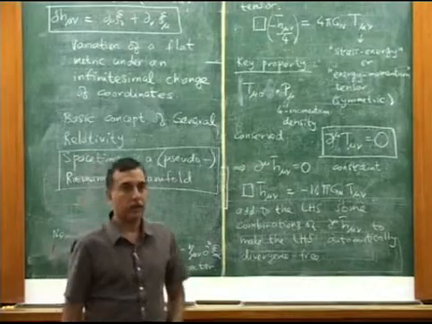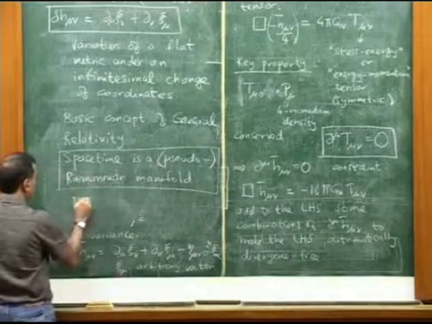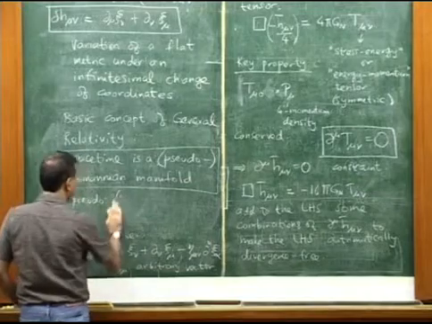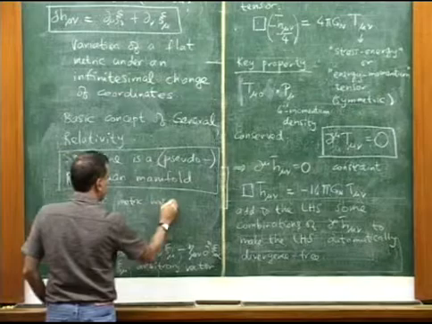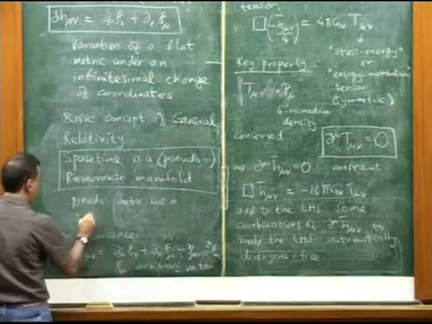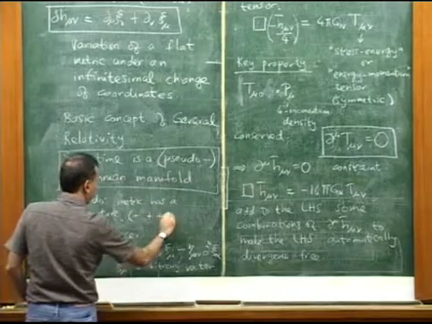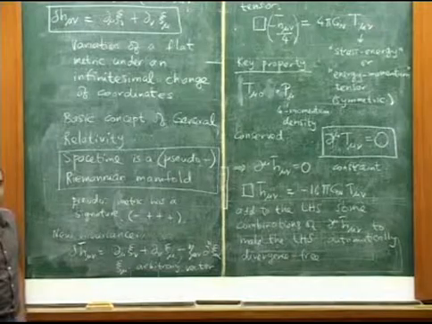Sir, please explain the pseudo-Riemannian. Pseudo just means that the metric has a signature minus one; the signature is negative. You are familiar with this fact.